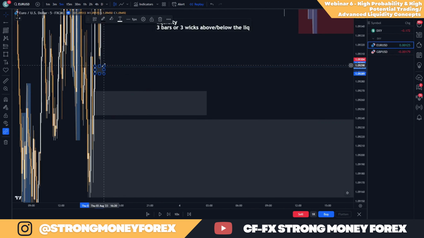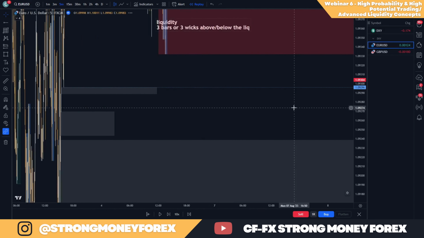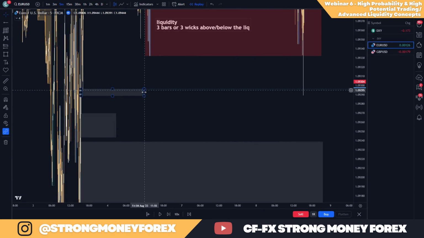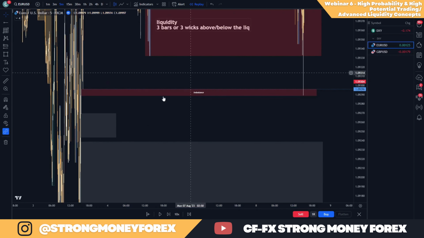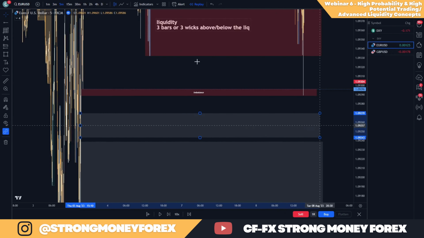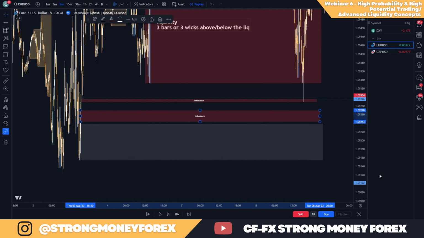So if we draw these out and drag these out, okay? Price is obviously fueled by the fact that it's taken out liquidity. That's great, okay? But we do have this area that it could push down into.